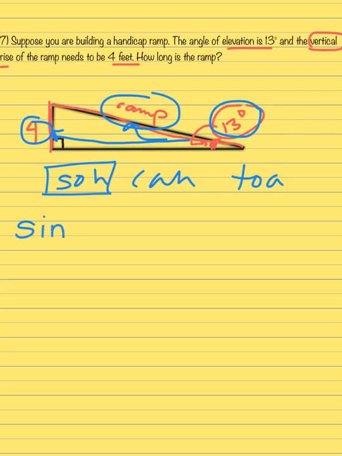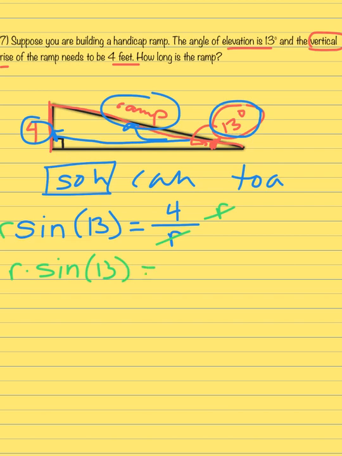Sine of my angle measure is equal to opposite over my hypotenuse, which is the ramp. And then we're going to solve for the ramp length by multiplying by my denominator. Ramp times the sine of 13 equals 4. Sine of 13 is a number, so we can divide by that number.